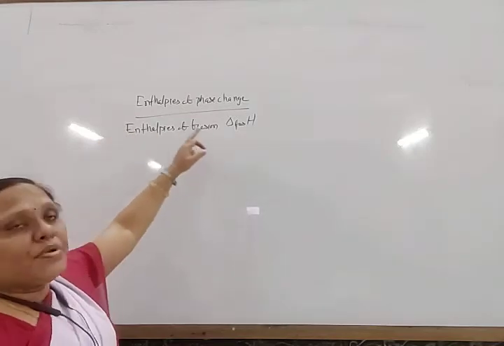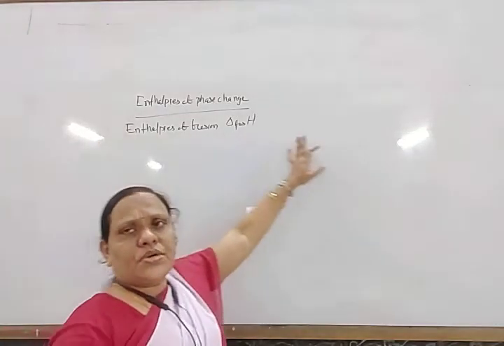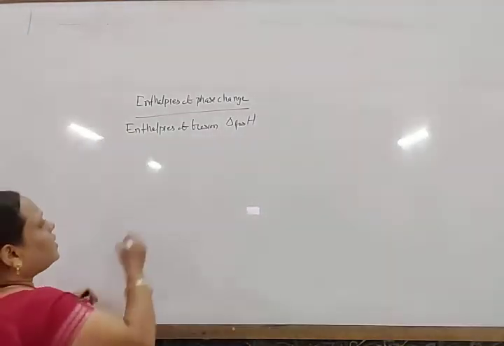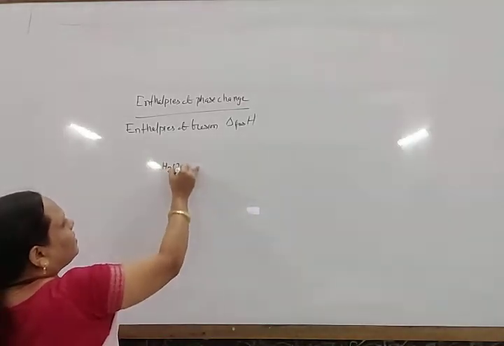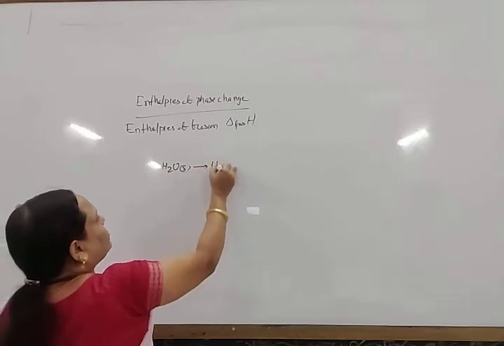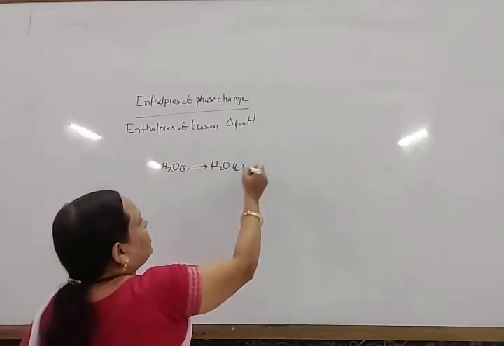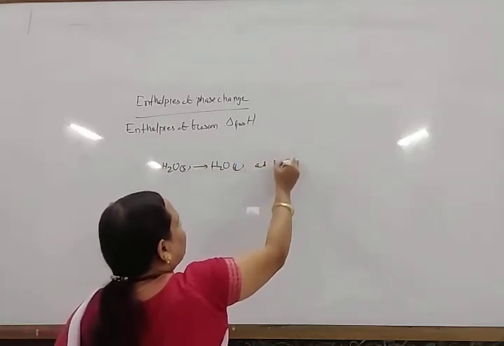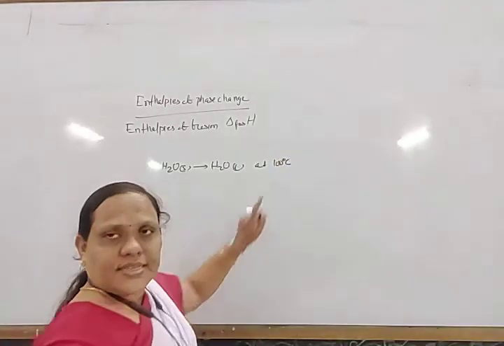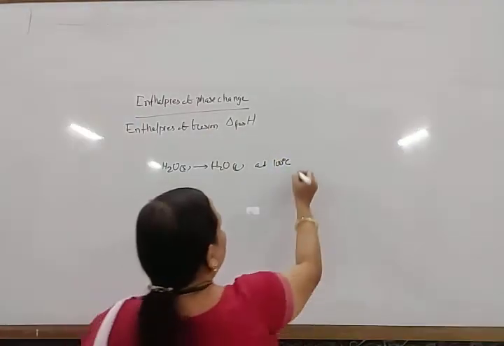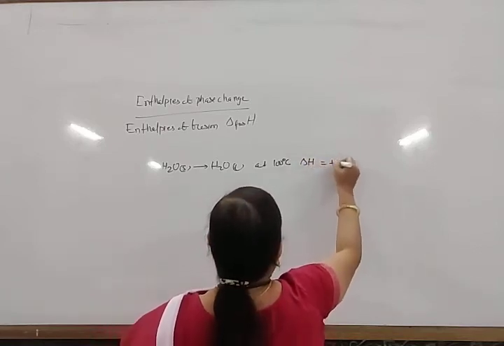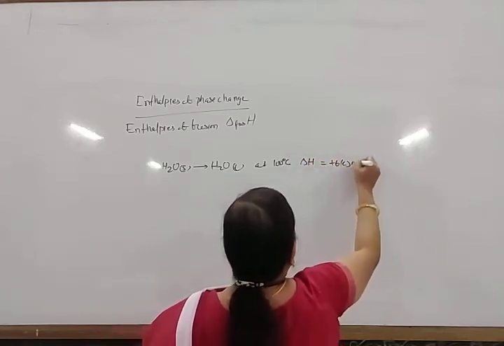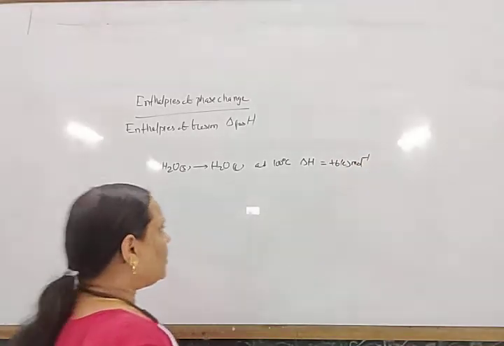For example, H2O solid to H2O liquid at 0 degrees Celsius, or 273 Kelvin, here del H is equal to plus 6 kilojoule per mole.